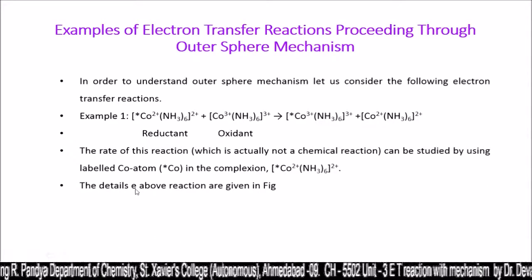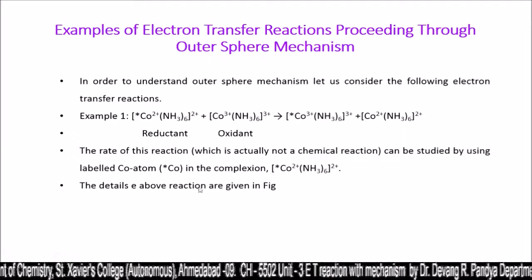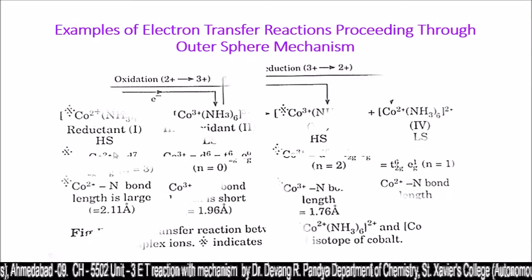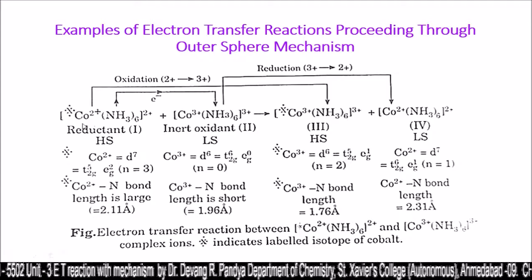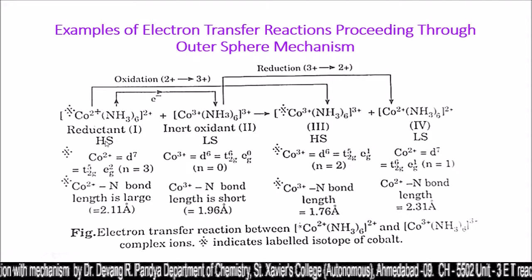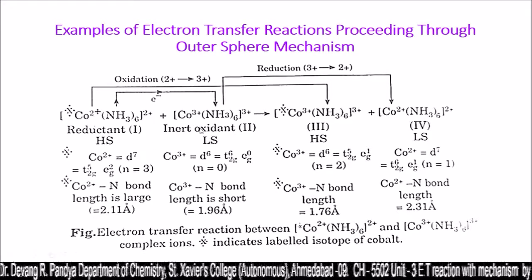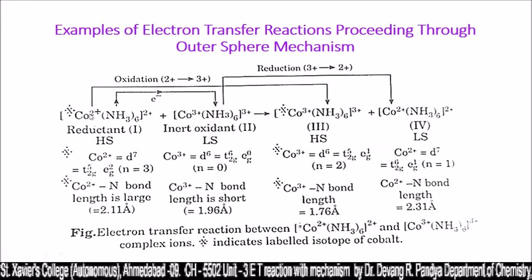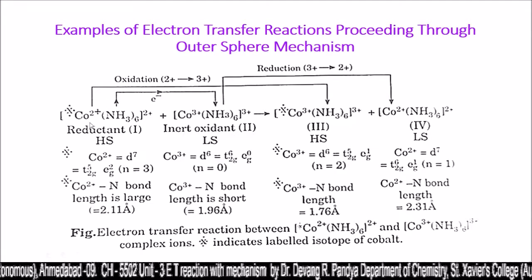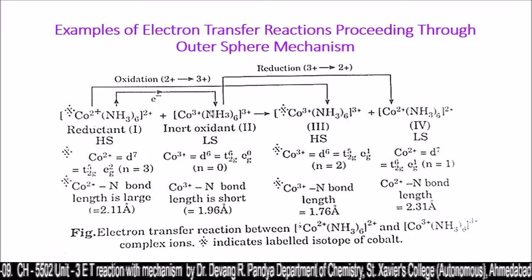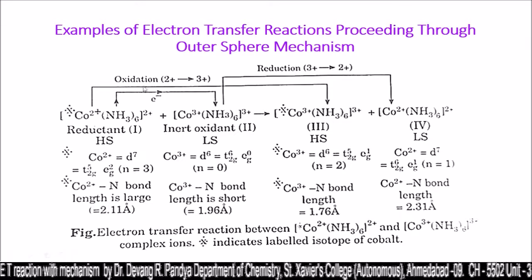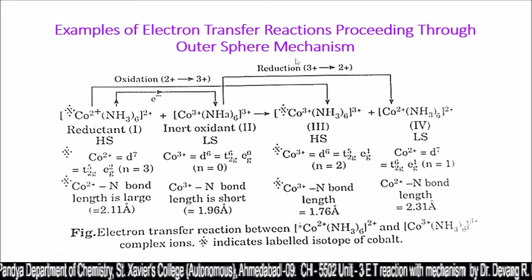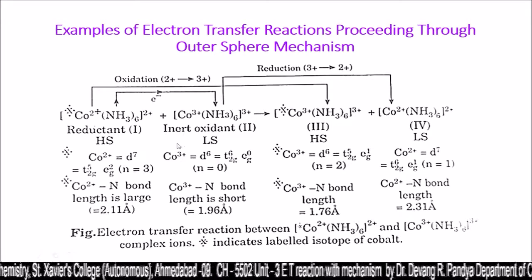The details of the above reaction are given in this figure. This is the detailed figure. We have the reductant, which is a high spin complex, and the oxidant, which is an inert low spin complex. So from the high spin, active complex, the electron is transferred to the low spin complex. Oxidation states change from +2 to +3 and from +3 to +2.